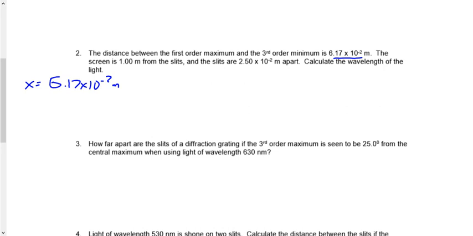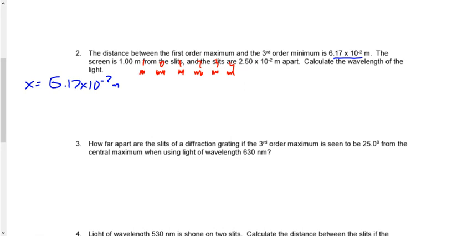As soon as we write down a value of X or theta, remember that n has to be consistent with that, so let's get n right away. The central maximum to the third order minimum. Here's my central maximum. First order maximum on one side, second, third, fourth, and so on.